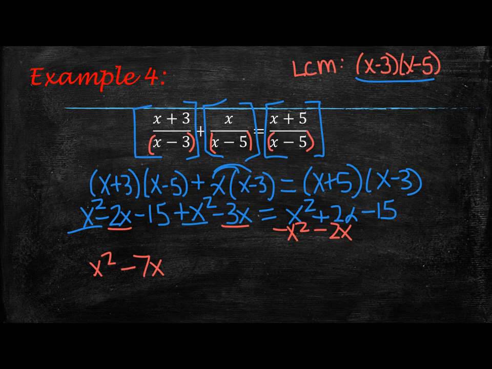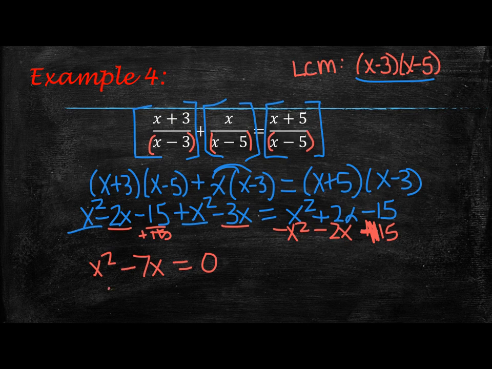Then I have negative 15, and I'm going to add 15 to the other side, so that gives me 0. So that's all equal to 0.